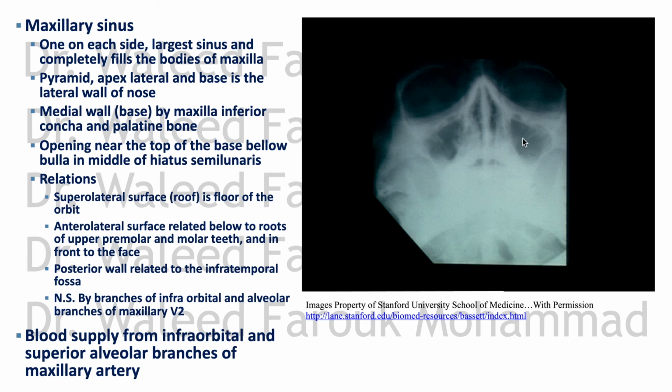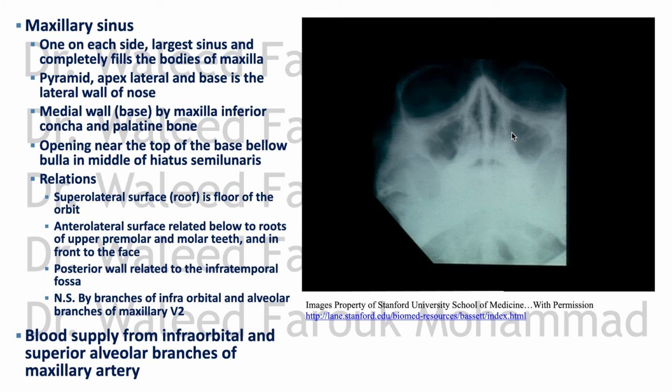The opening to drain the maxillary sinus is high up on the medial side. This is why this paranasal air sinus is the one that most gets complicated and chronic.